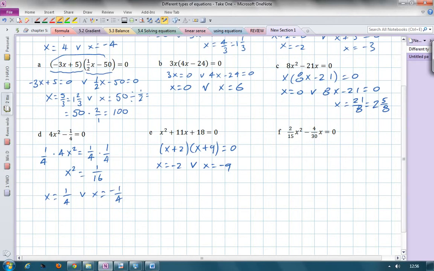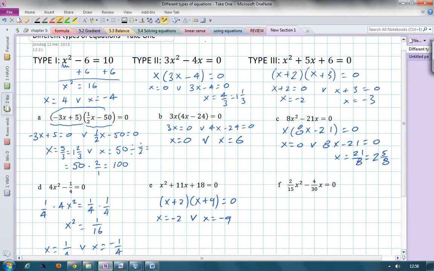This one is a type 2 equation. Why? It has an x squared term, an x term, but no constant term added, so it's a type 2 equation. You can do two things here. You can either multiply through by 30 to get rid of the fractions, but because we need to practice fractions, I'll leave the fractions in for now. But let me just, as an aside, multiply through by 30. Then the 2/5 times the 30 is 30 divided by 15 is 2, so that would be 4x squared.